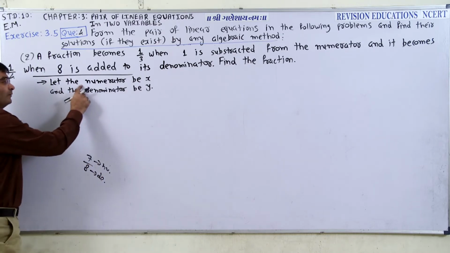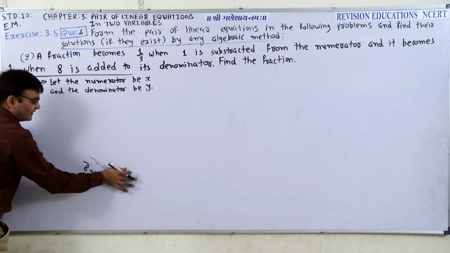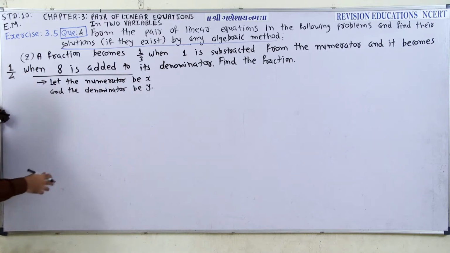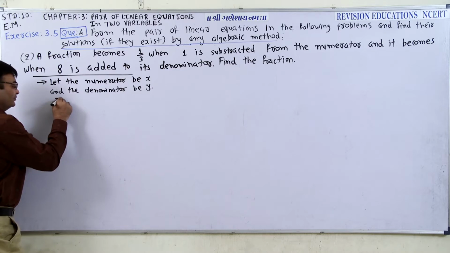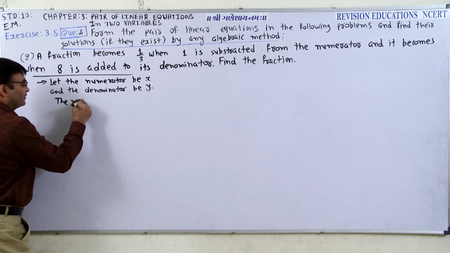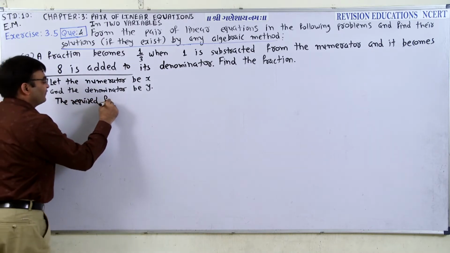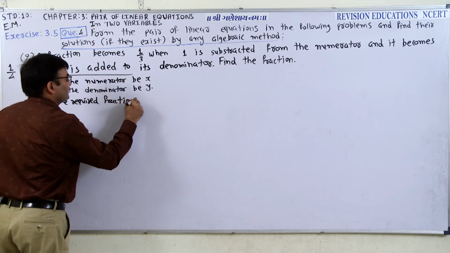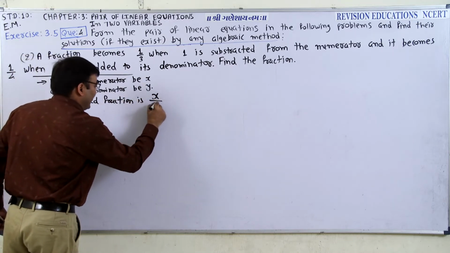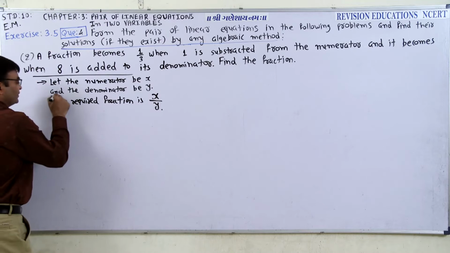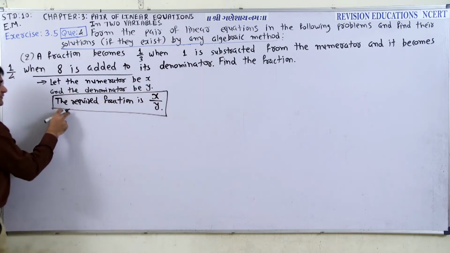So we assume let the numerator be x and the denominator be y. The required fraction is x upon y, which we have to find.